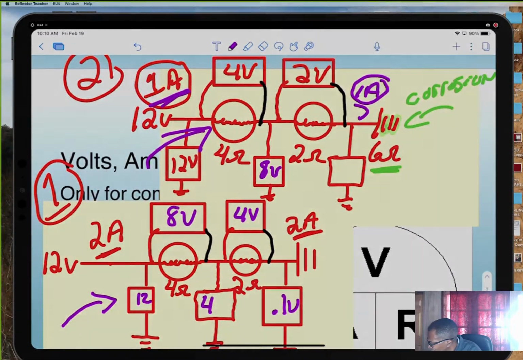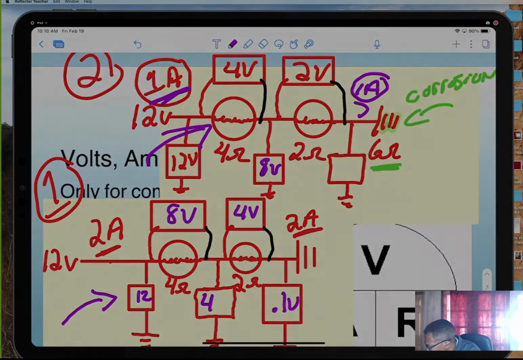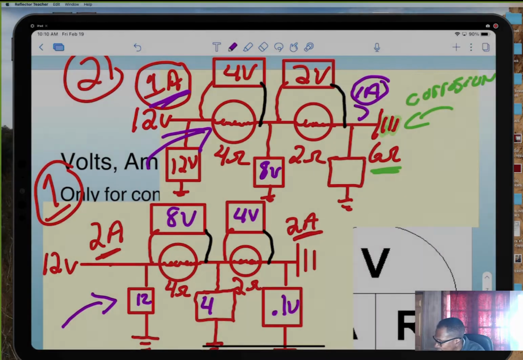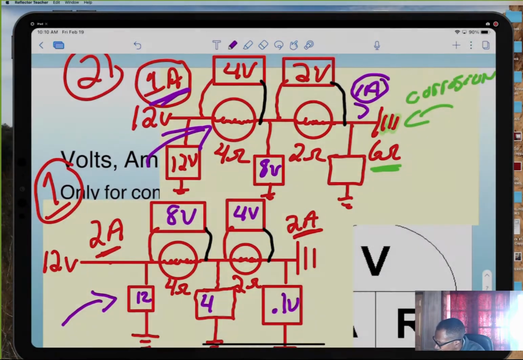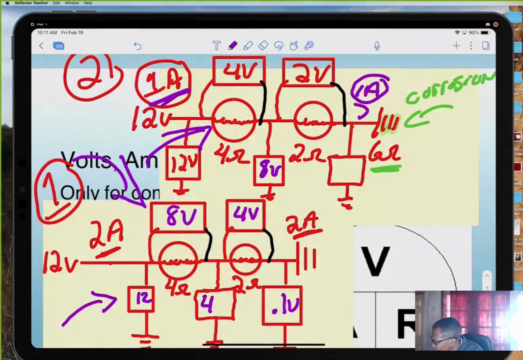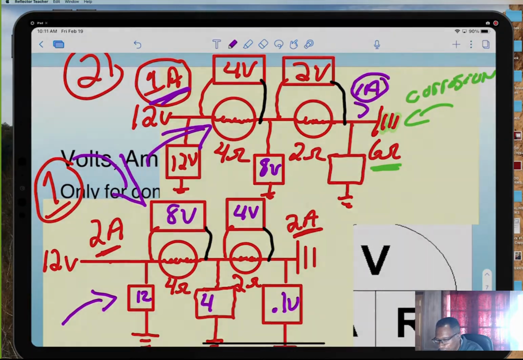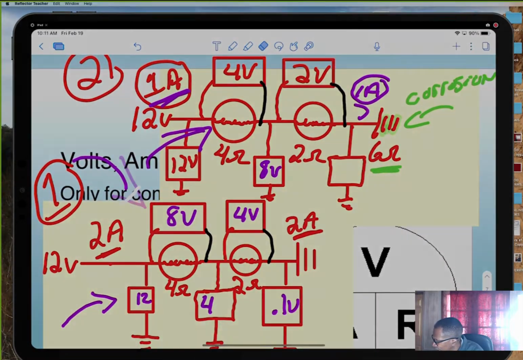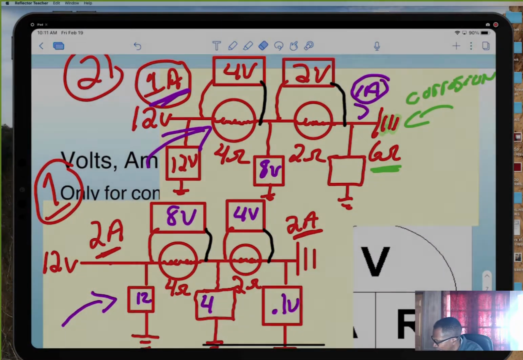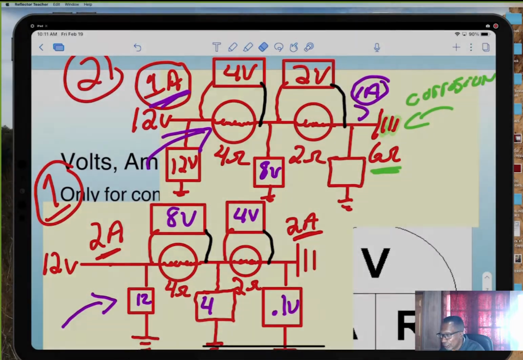But talking about when there was no corrosion, we only dropped 4 to the box on the bottom, because the load device used up 8, and so 12 minus 8 was 4. But remember, we only have 1 amp because of the corrosion. Exactly. So now we're only dropping 4 volts.